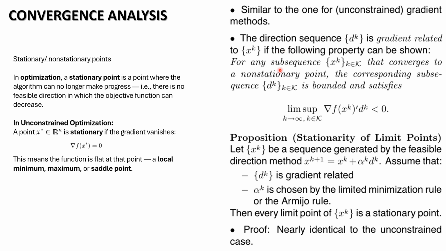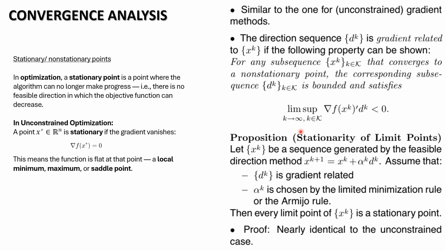The direction sequence dk is gradient related, and the following property can be shown. For any subsequence xk from the set K that converges to a non-stationary point, the corresponding subsequence dk from the same set is bounded and satisfies this kind of condition.